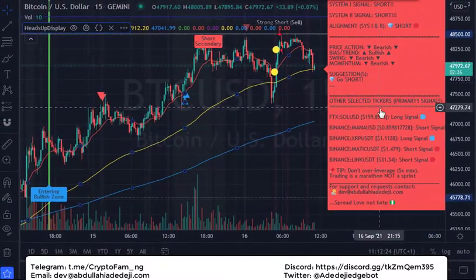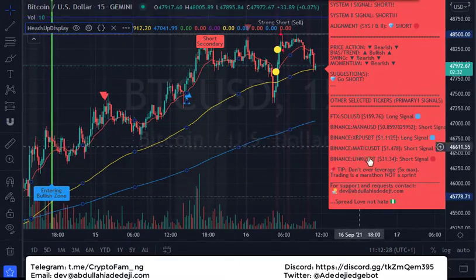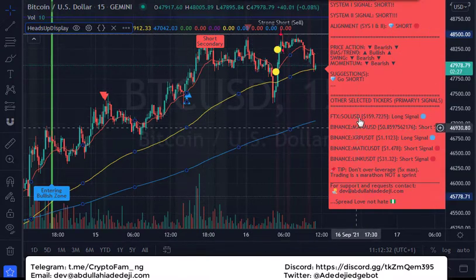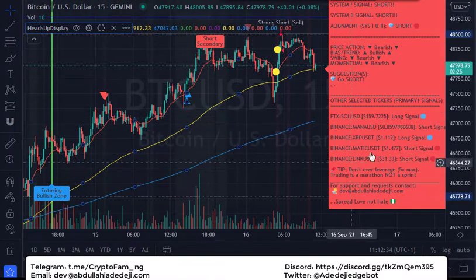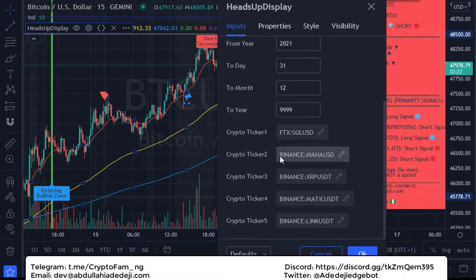And the last part is a section where you can look at all the trading pairs without having to change this chart. You can select what pairs you want to be viewing by going to the setting and then changing the slot here. For instance, on this chart currently I have Sol as ticker 1.